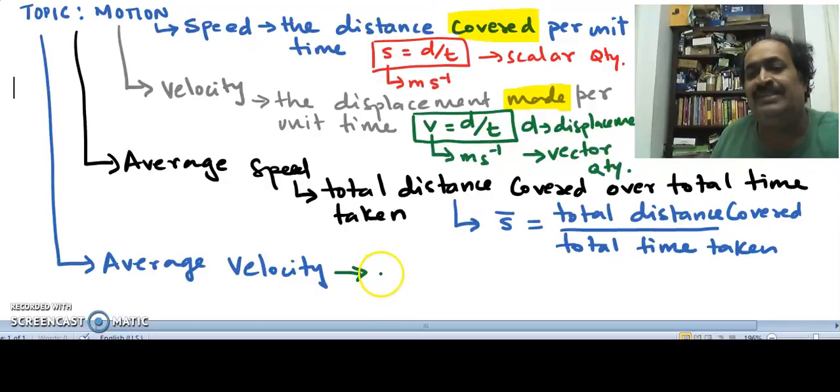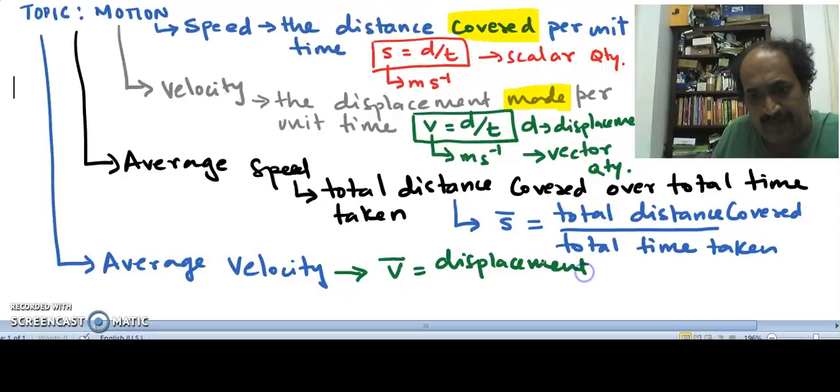Displacement is only one single component. So in a whole journey, you can have a part of the journey or the full journey, but your displacement remains the same if you have covered the full journey. Okay, I'll give some examples here. So average velocity is still written as your displacement by time.